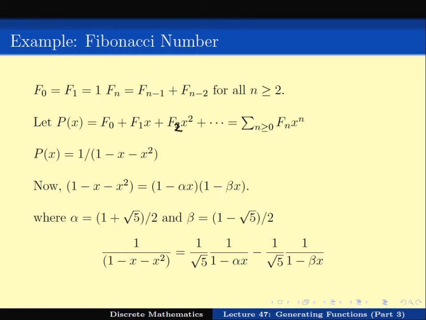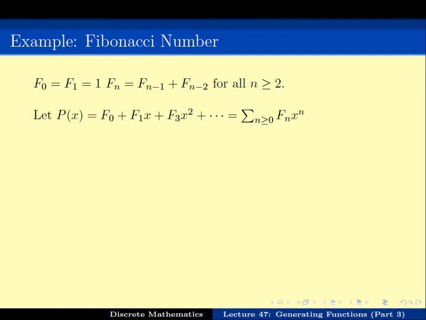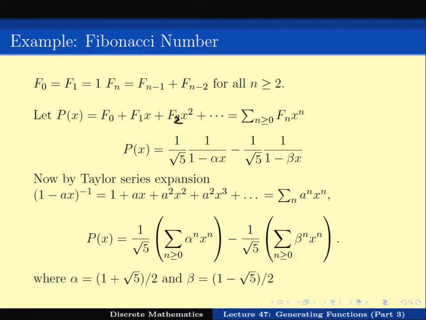So, again, we have this term, and by Taylor series expansion, we can write down 1 by (1 minus alpha x) and 1 by (1 minus beta x). So 1 by (1 minus alpha x) is equal to summation of alpha to the power n x to the power n, and similarly beta to the power n x to the power n, where alpha and beta are these two numbers, right?